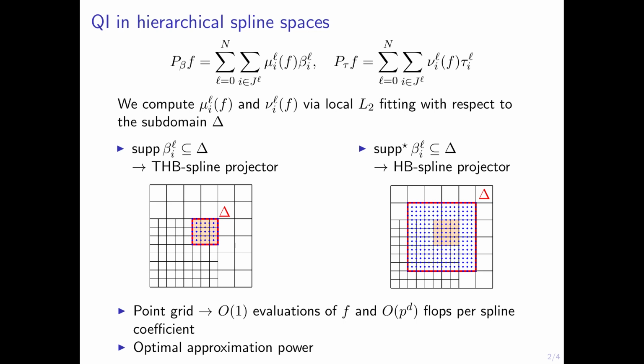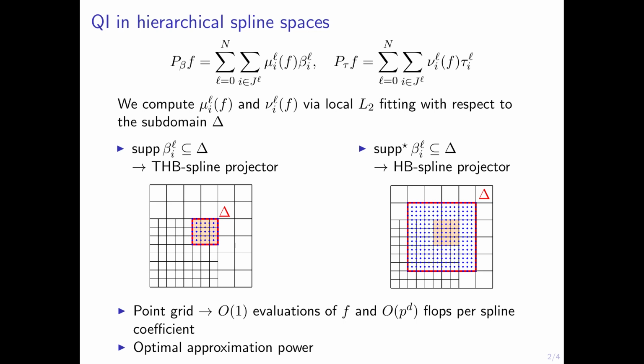And the question here is, how do we compute the coefficient functionals mu_i and nu_i, which appear in the previous expression? And we chose to perform a local L2 projection with respect to some proper subdomain delta, and we were able to identify some conditions on delta which allow us to conclude that we have a THB spline projector or an HB spline projector.